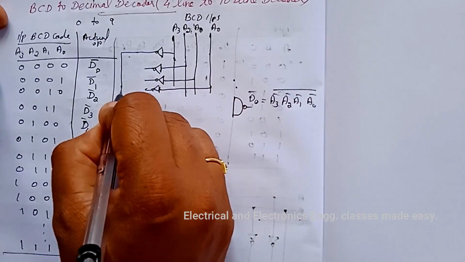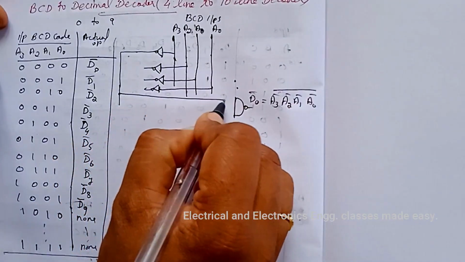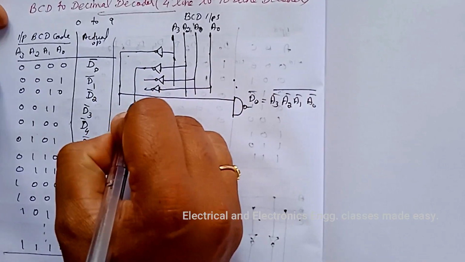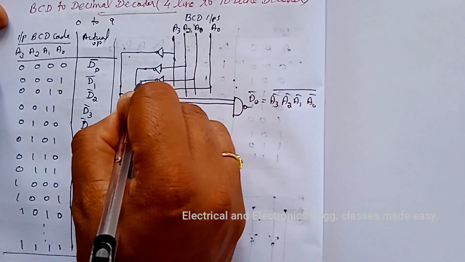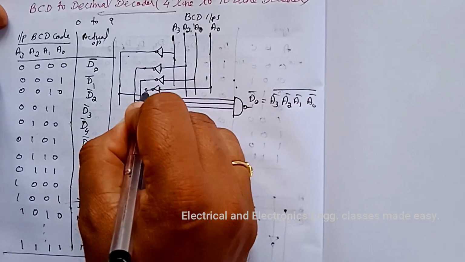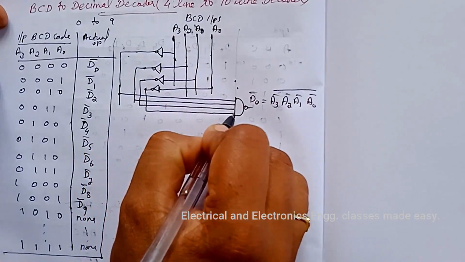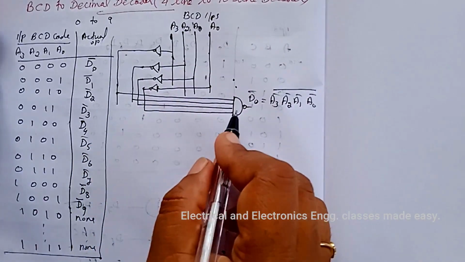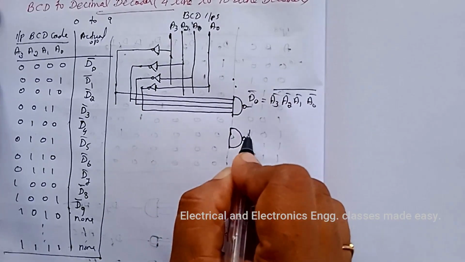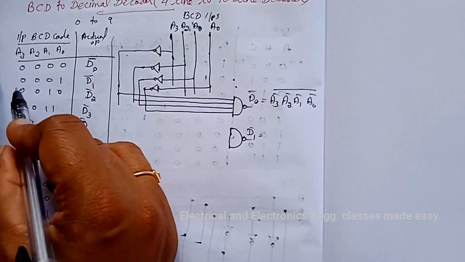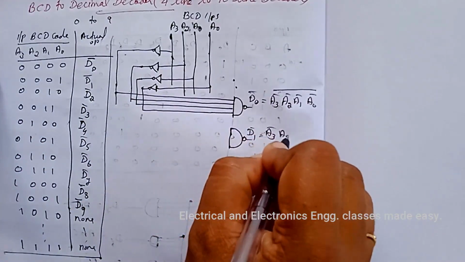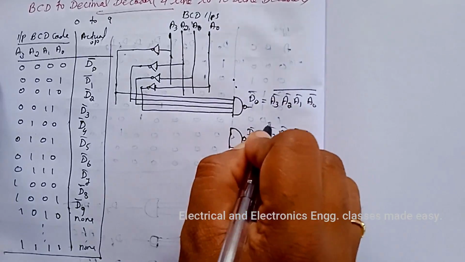So from here we can draw very easily. That is, this is A3 bar, then A2 bar, next A1 bar, then A0 bar. So this is D0 bar, and next is D1 bar. D1 bar is A3 bar, A2 bar, A1 bar, A0, the whole bar.